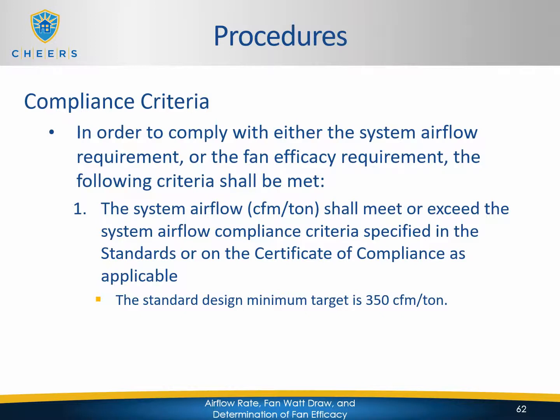Now, if they're using the prescriptive method, your standard design minimum target is going to be 350 CFM per ton. But if you are using the performance method, that minimum target can be changed. So you always want to go to your CF1R to find that minimum target value. Again, prescriptive value is 350 per ton for a new system.